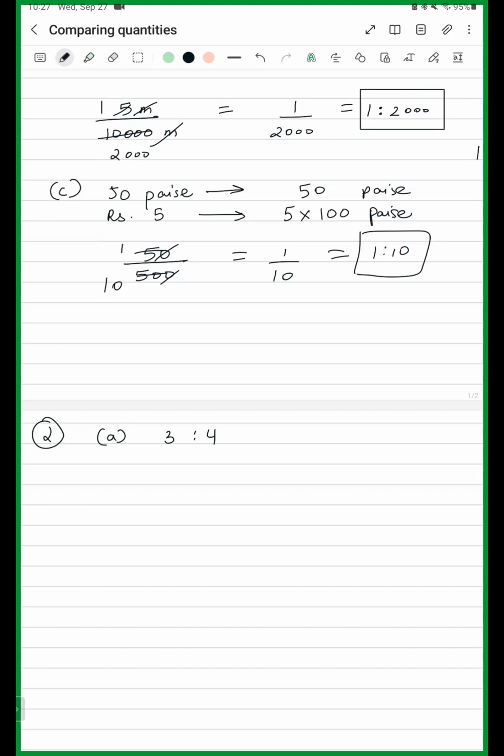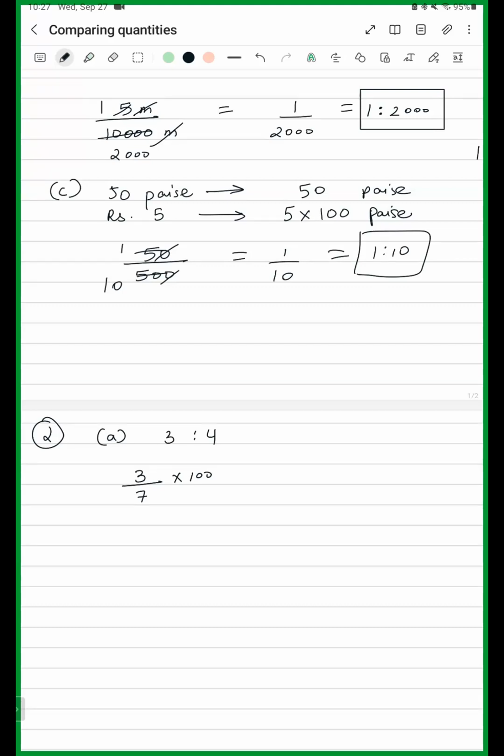Okay. See, what we can do is 3:4. So you can write this as 3 by, what is 3 plus 4? 7. So 3 by 7 into 100. 300 by 7.